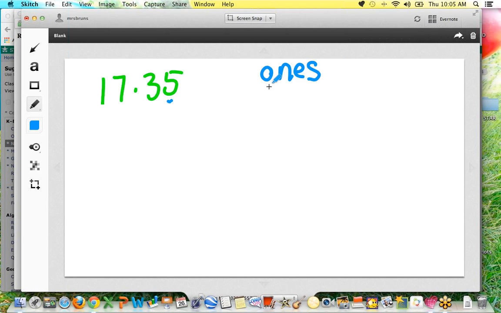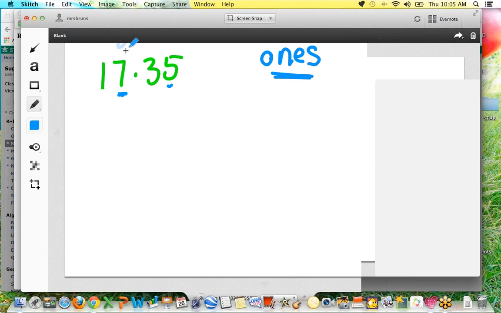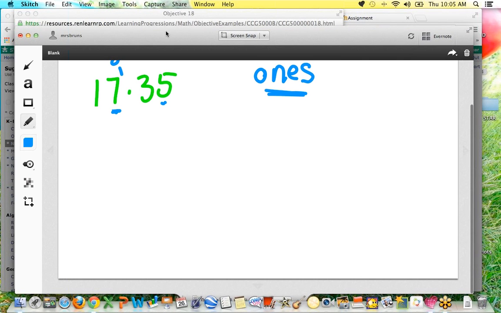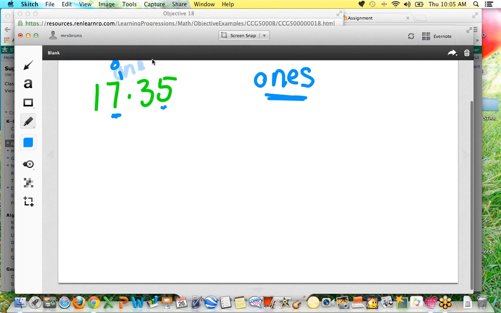So I'm looking at the ones position, and that would be a 7, right? So this is the ones. Whoa, why did that move? Dang it. All right. Sorry, that's kind of sloppy, but you get the point. Here's the ones position, and here's the tens.